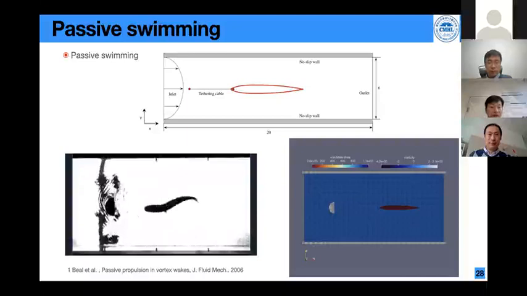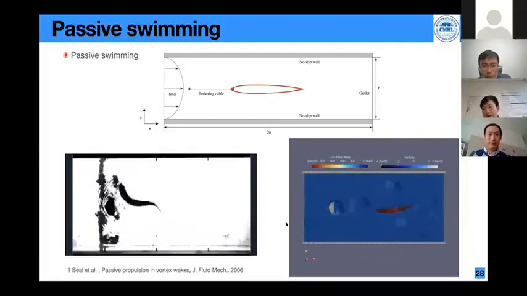When the fish body is extracting energy from the flow, it can swim forward. Here, we reproduce these results by using the present solver. Here, this is the fish, and this is a half cylinder, and the fish body can extract energy from the flow and then swim forward.